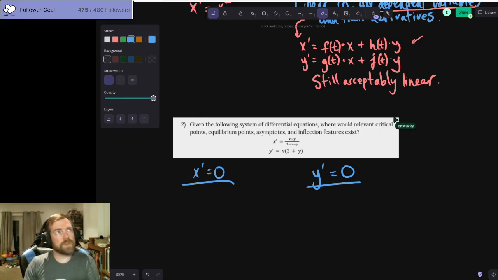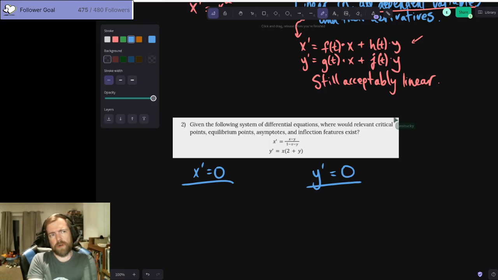Okay, what else could potentially result in, let's stick with critical and equilibrium points and asymptotes at the moment. Locations for those. So I guess if I'm thinking about y as a function of x, then a critical point would be when y prime is 0, but maybe independent of the x prime.